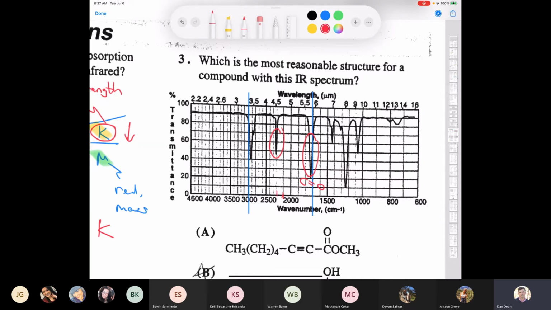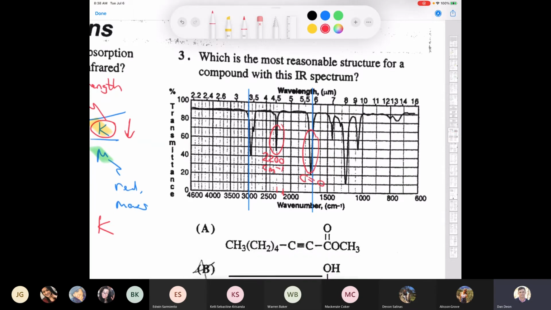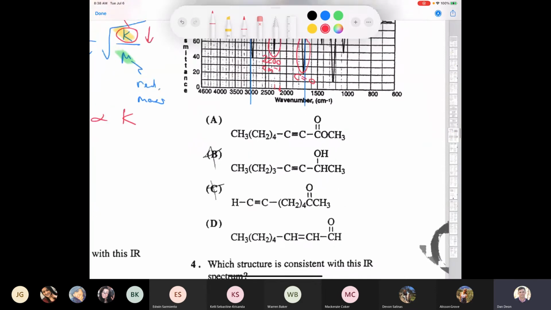So this is around 2,200 reciprocal centimeters. Does anybody remember what would come out around 2,200 reciprocal centimeters? Not 2,250, but 2,200. And I don't think there's a nitrile in any of these answers anyway.